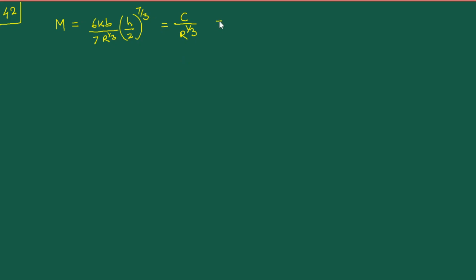So I can put a C dash over here, so that finally what I can have is this M cube is equal to C by R, where you understand that this C is basically the cube of this C dash. This is the thing that we are going to use subsequently.